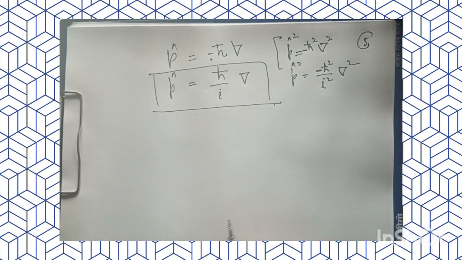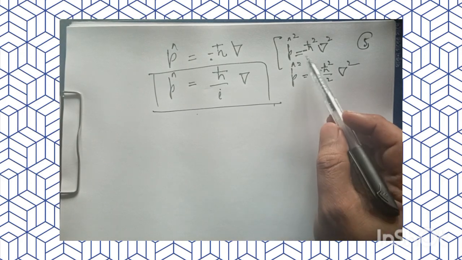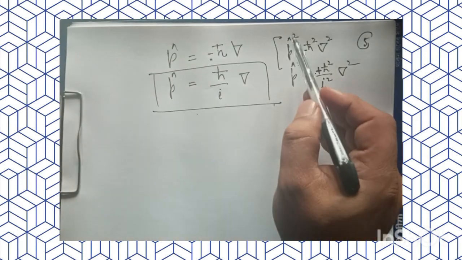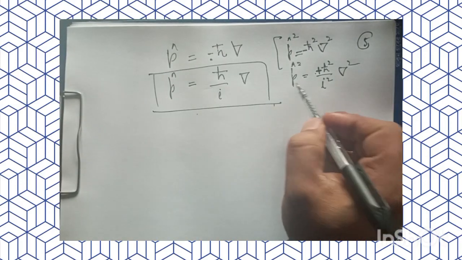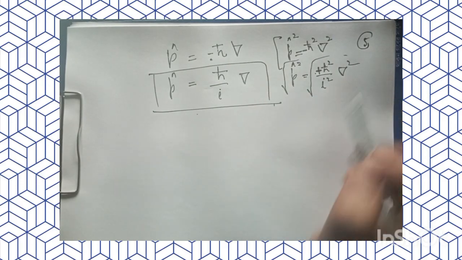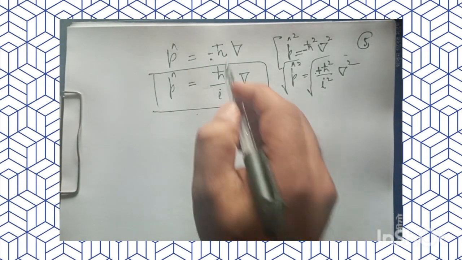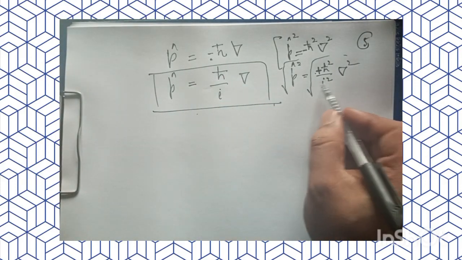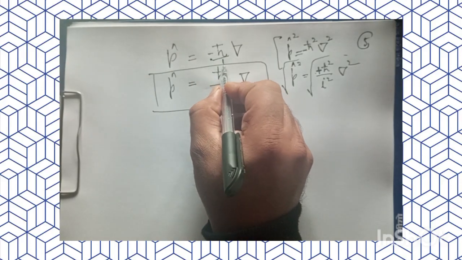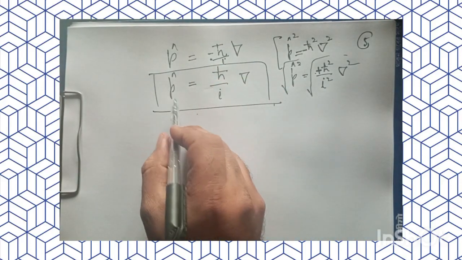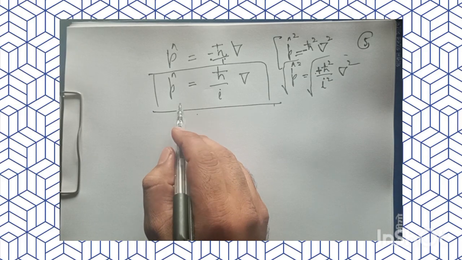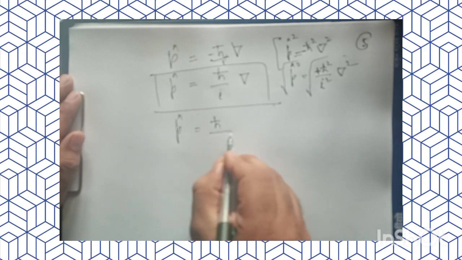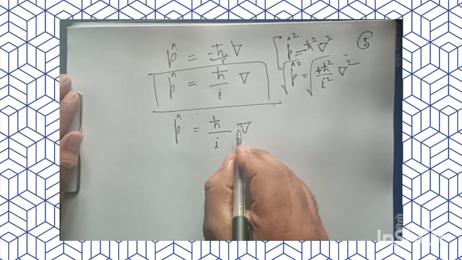I can think of using it like this because iota square is going to give me minus 1. So this is plus here. Now if you take the root on both sides of this equation, you will have the momentum operator. In that case, the square and root will cancel with respect to iota, and you will have iota here in the denominator. So that's why we have the momentum operator as h cross by i del.